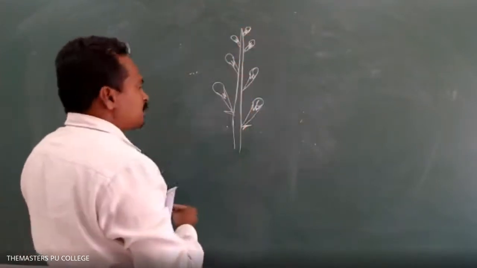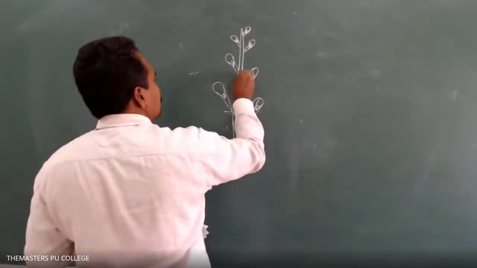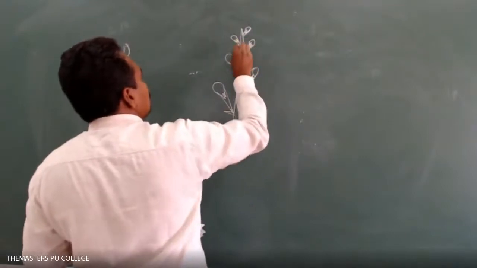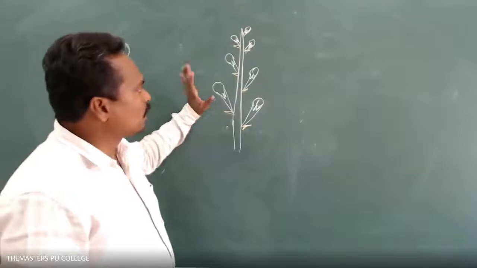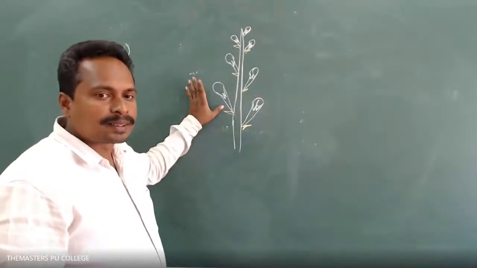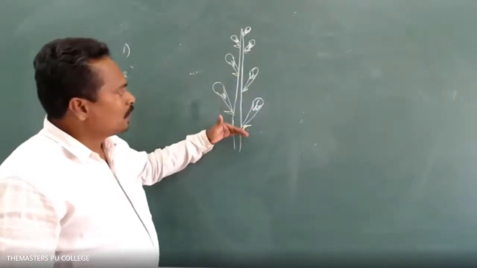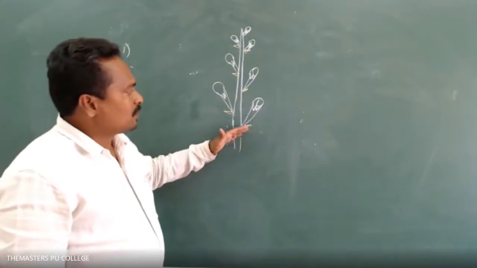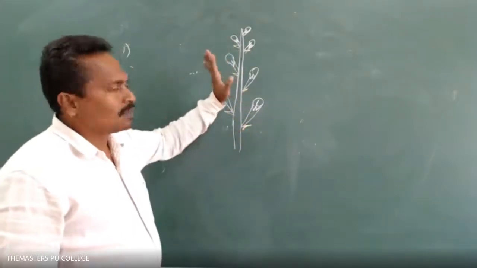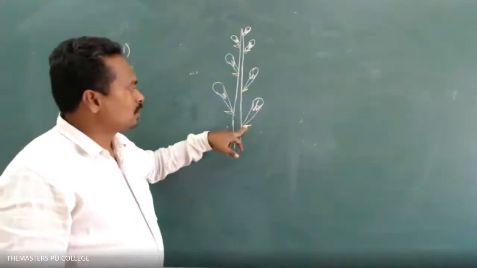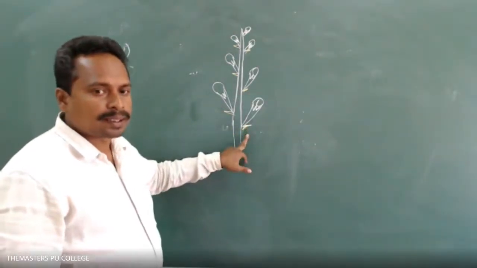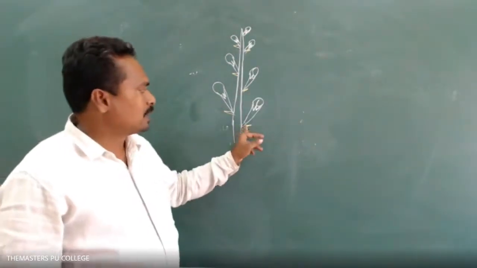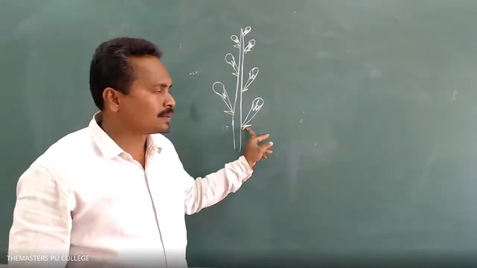In a racemose type of inflorescence, flowers are arranged in acropetal succession, so the first formed flowers are present towards the base and the younger ones towards the apex. Some flowers have a bract, the reduced leaf-like structure; that is a bracteate flower.